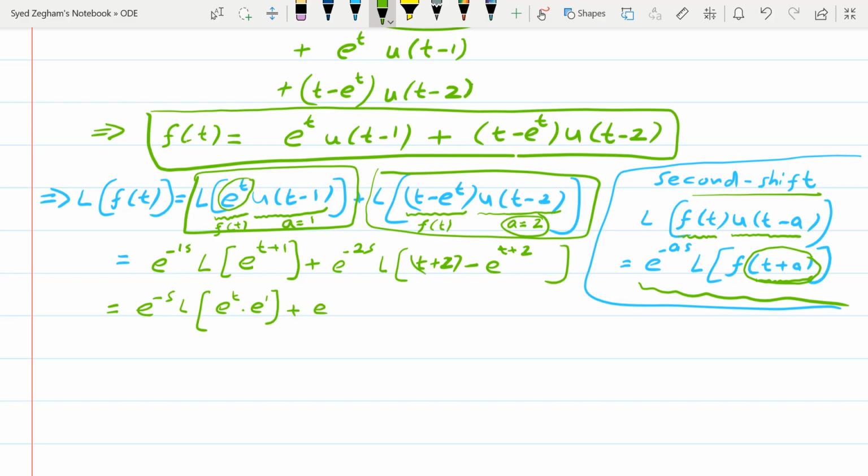Plus e to the power minus 2s, Laplace transform of t+2 minus e to the power t+2, that you can write as e to the power t multiplied by e to the power 2, right?